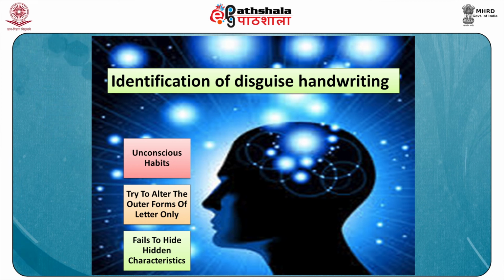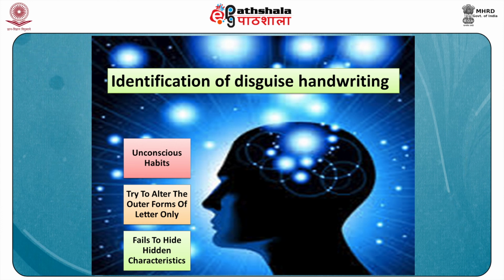It is just as difficult as incorporating two different styles of writing in one hand. Experiments have shown that it is not difficult for skilled experts to reveal the identity of the writer if sufficient material for comparison is procured.